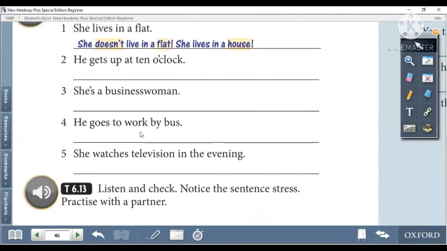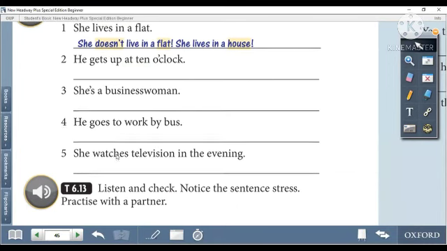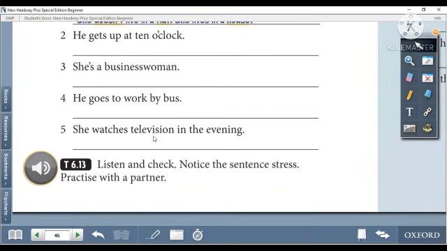He goes to work by bus. He doesn't go to work by bus. He goes to work by taxi. She watches television in the evening. She doesn't watch television in the evening.